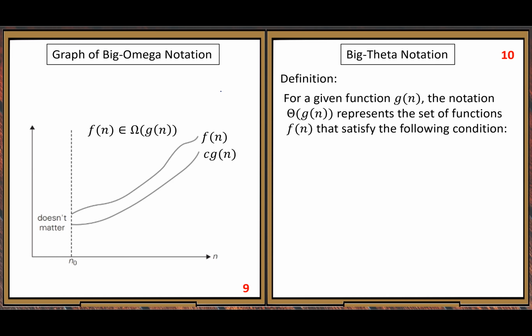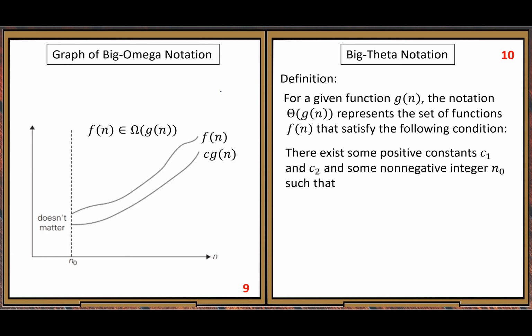So this time, we repeat the same language related to the environment, but we need to use two constants, C1 and C2. Lower bound C2 g of n, upper bound C1 g of n, and n0, the sufficiently large condition.